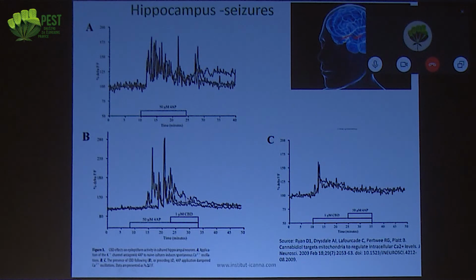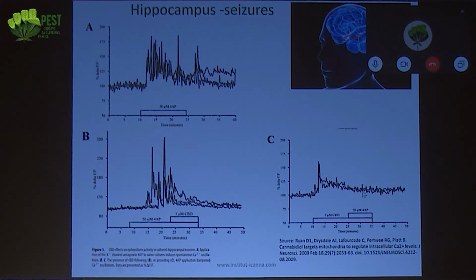This would mean, of course, that even if there was a trigger for an epileptic seizure, it would probably be drastically reduced by CBD. On the other hand, if they first gave neurons CBD and then tried to induce these calcium spikes, this was even further drastically reduced.